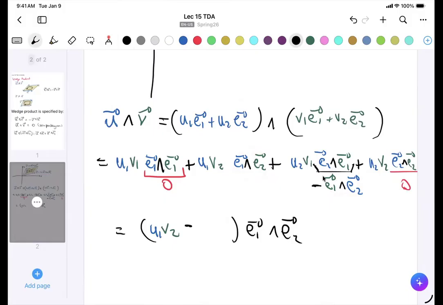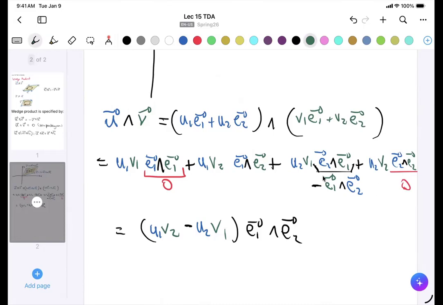minus U2 V1, right? But what is that? That's the determinant, right? If you stack the two vectors as a 2 by 2 matrix.